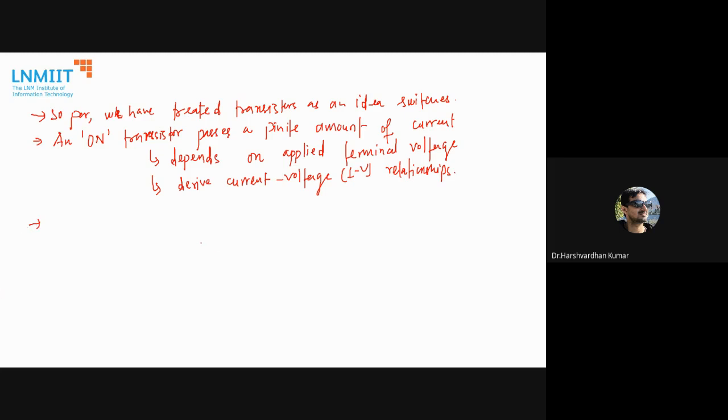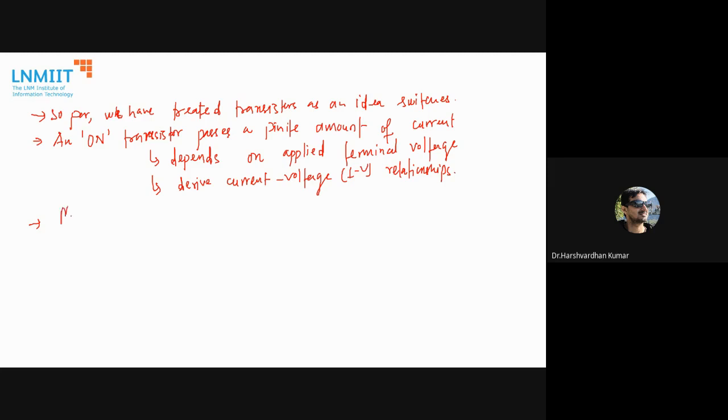Now talk about the third point. In case of MOS, there are mainly three terminals, right? Drain, source, and gate. And one more terminal, that is the body contact. So BJT is a three terminal device, however, MOSFET can be a four terminal device. For each terminal, that is gate, source, and drain, all have a capacitance associated with them.